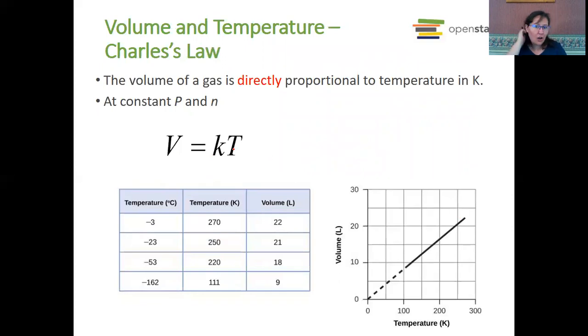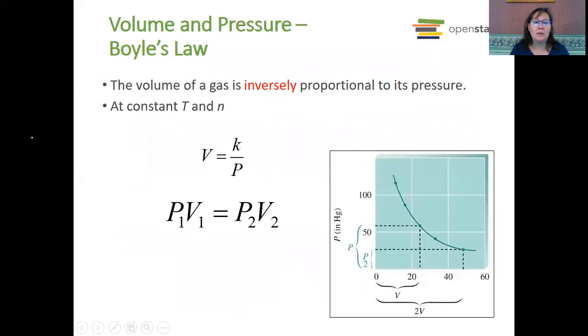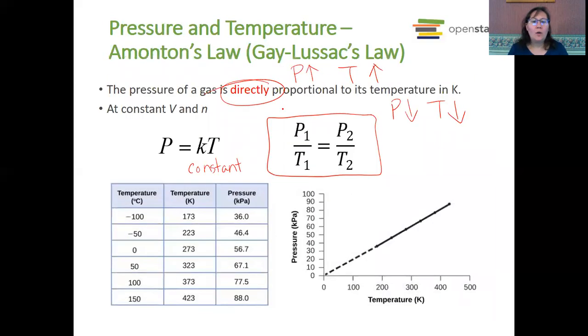Our second one is Charles' law. Okay, Charles' law says that the volume of a gas is directly proportional to the temperature in kelvins. Okay, so again, that means that volume increases as temperature increases, at constant pressure and number of moles. That was a really important one. This is at constant pressure and number of moles, Charles' law.